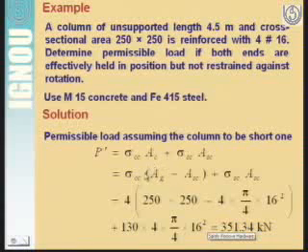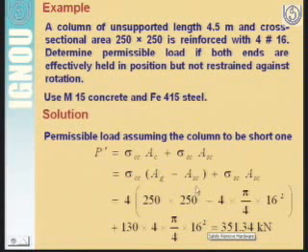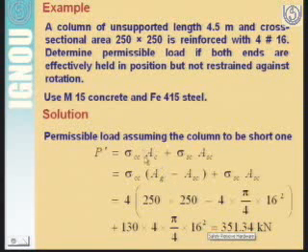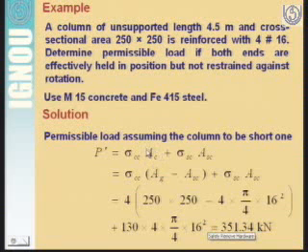This is the gross cross-sectional area of the column and this is the area of the steel. If you subtract the area of the steel from the gross cross-sectional area of the column, you get the area of the concrete of the cross-section. So sigma Cc into (Ag minus Asc) plus sigma Sc into Asc.